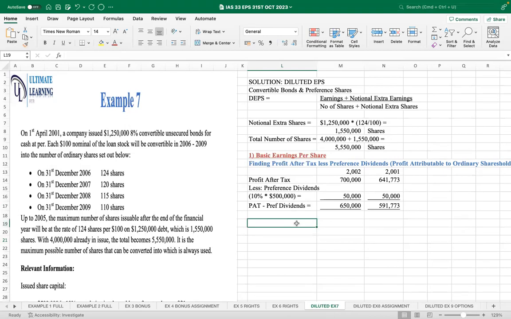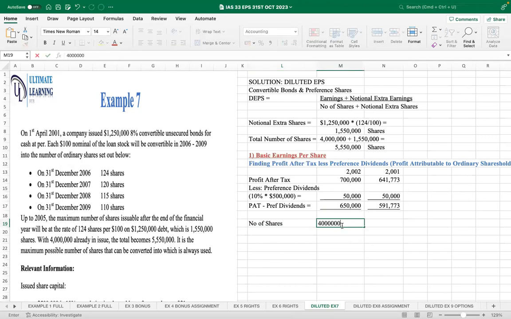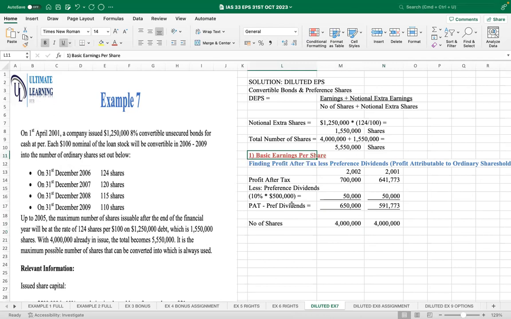But when I want to get the number of shares, the number of shares still remain the same, 4 million. And also here, it is 4 million. It only changed because of the dilutive factors, because of the potential ordinary shares. But when calculating basic, you don't use the potential ordinary shares.